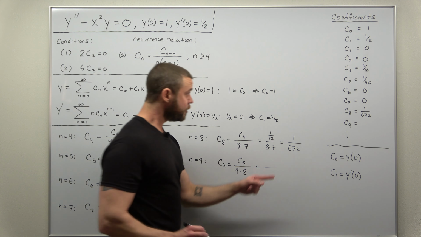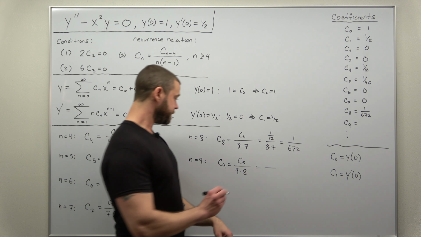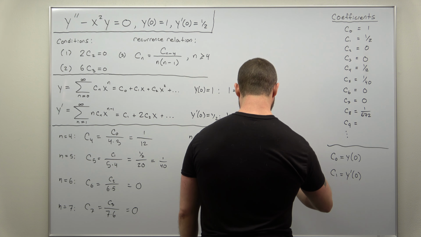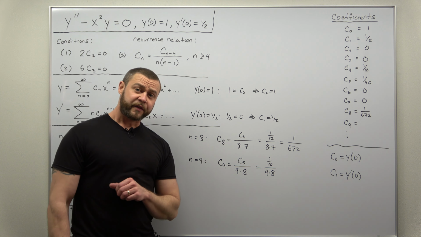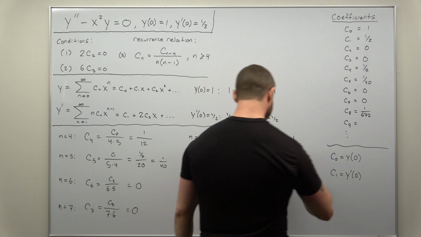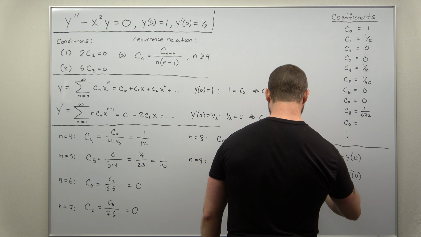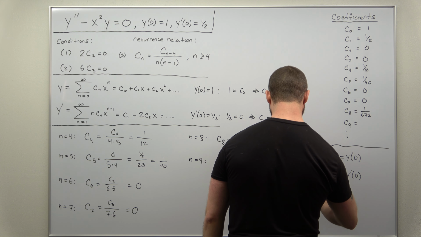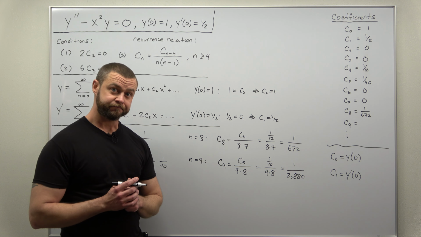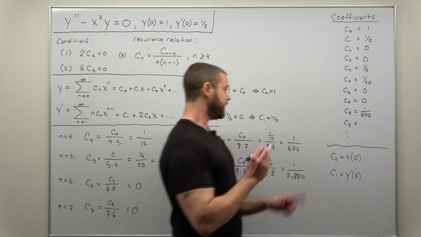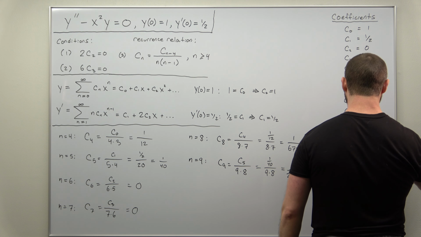All right, and again, we know the value for c sub 5, 1 over 40, and that's divided by 9 times 8. Work that out, and you should get 1 divided by 2,880. And we'll put that in our list, and that is the last coefficient that we're going to find.